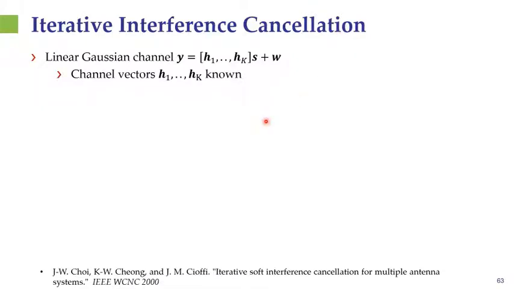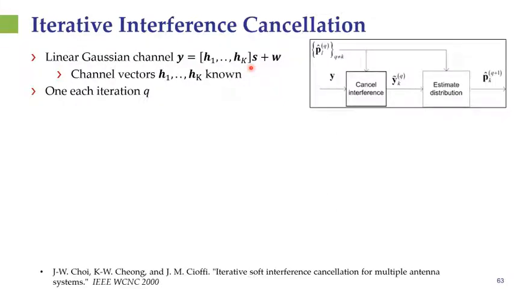Going into further details, the soft iterative interference cancellation algorithm considers the symbol detection over linear Gaussian MIMO channels of the following form, in which the channel vectors denoted H1 to HK are known. And then it operates in an iterative fashion, where on each iteration index q, it implements a mechanism for canceling the interference and estimating the distribution of each symbol of index k using the channel output and the estimated interference from the previous iterations.